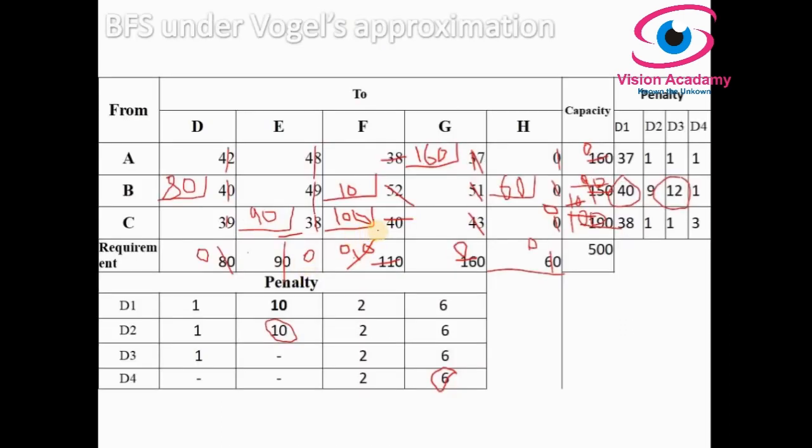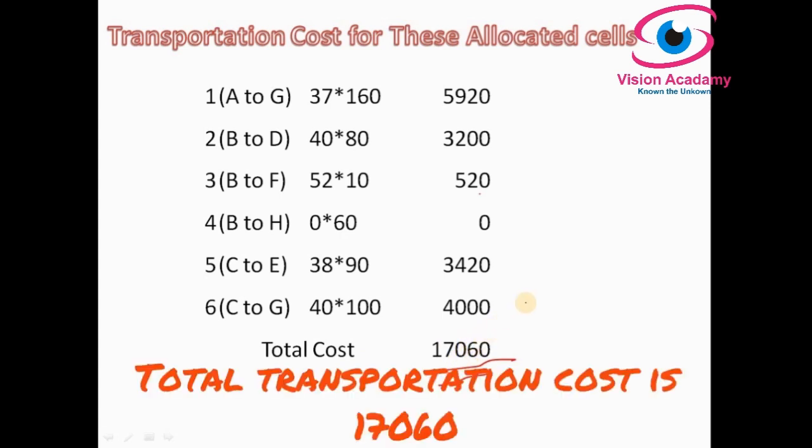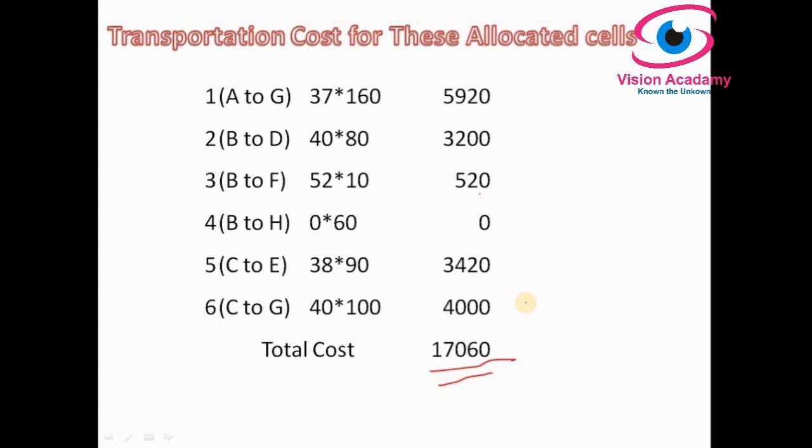If you do the calculation, under Vogel's approximation method the total transportation cost is 17,060. So this is how you obtain the transportation cost under Vogel's approximation method.